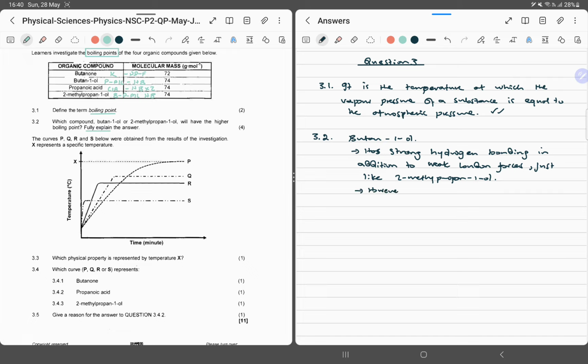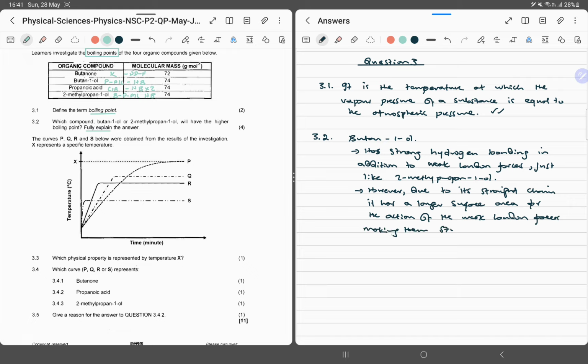However, due to its straight chain, it has a larger surface area for the action of the weak London forces, making them stronger than for 2-methyl propane 1-ol.